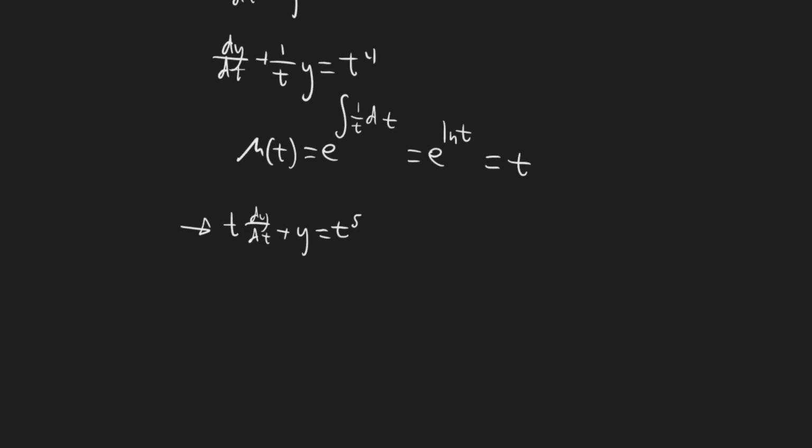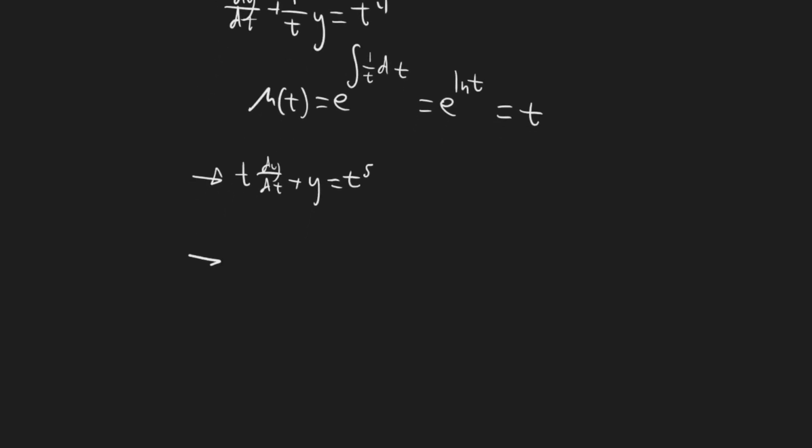So next step, rewrite this as d/dt times the integrating factor, which in this case is t, and then multiply that by the variable you're trying to solve for. So right there, and this equals still the right side as is. Write that a little bit better.